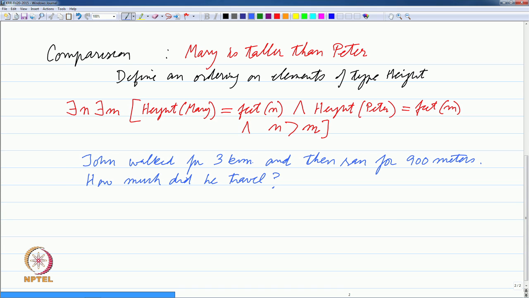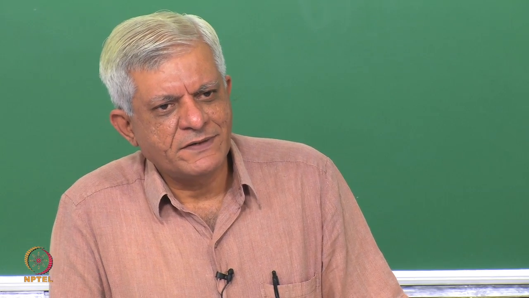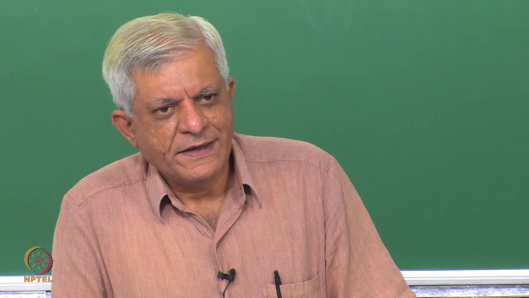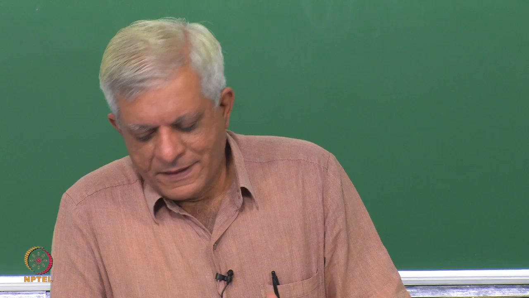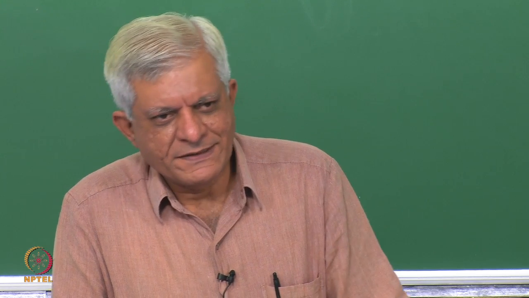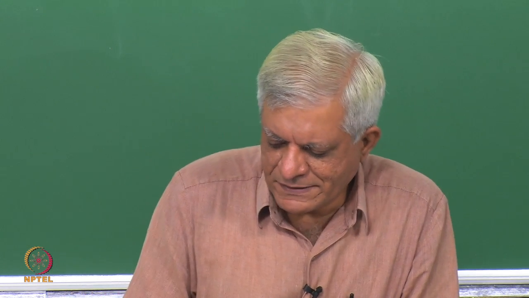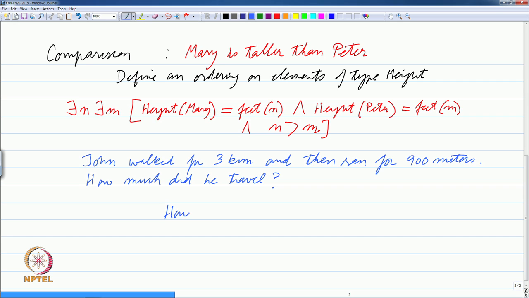and we should be able to devise mechanisms in which we can represent such problems and solve them. So, one of the questions that we have to answer is how does one add 3 kilometers to 900 meters.